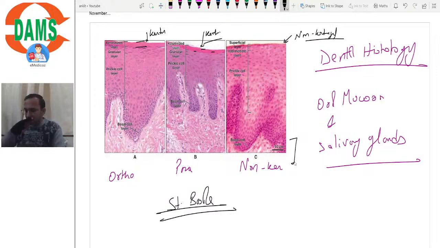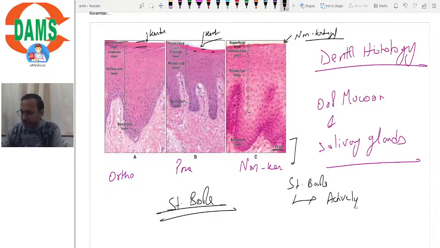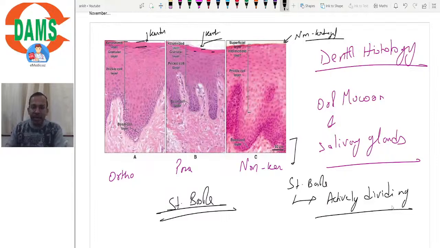Because the stratum basale is actively dividing. Right? Stratum basale is the actively dividing layer, and that is why it has more nuclear content in it. It will appear more hematoxophilic, right?